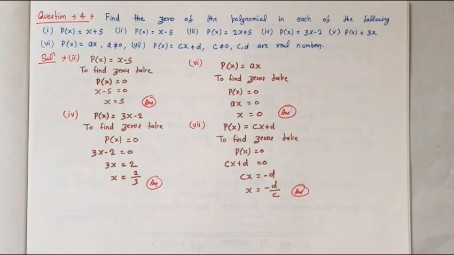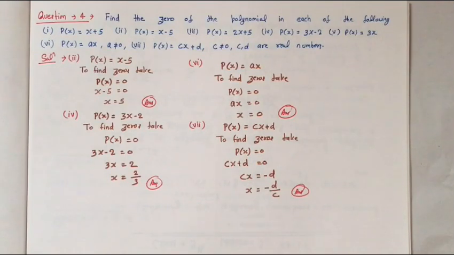Okay, and in the previous video, in which I gave the explanation for zeros of a polynomial, there I also told you how to find the zeros of a polynomial.